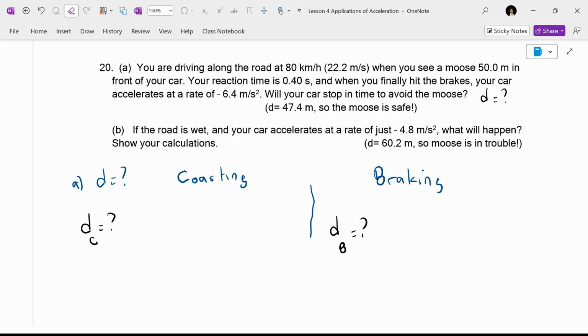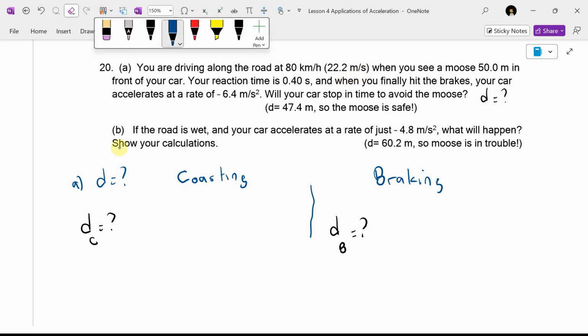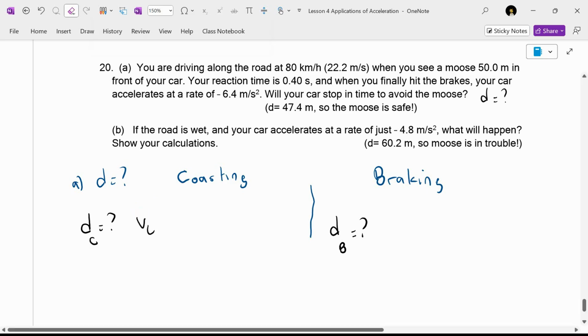Alrighty. This 22.2, what's that? Well, that's before I've hit the brakes, so I'm pretty sure that's VI while I'm coasting. My reaction time is 0.4 seconds. That 0.4 seconds, is that the time it takes me to hit the brakes, or is that after I've hit the brakes? What do you think?